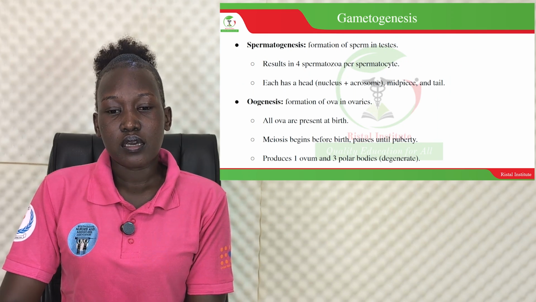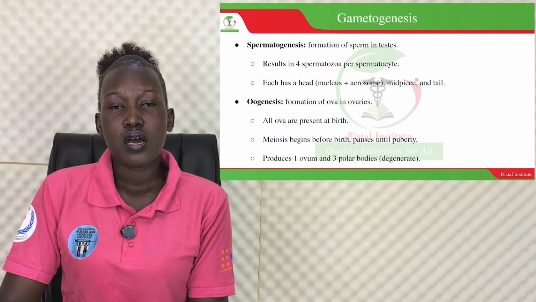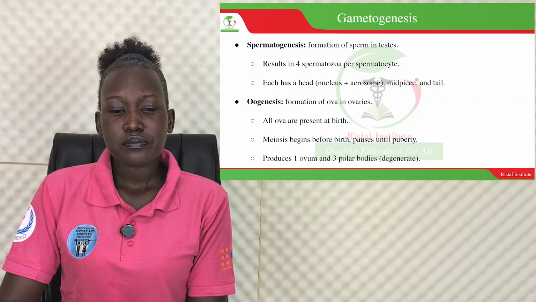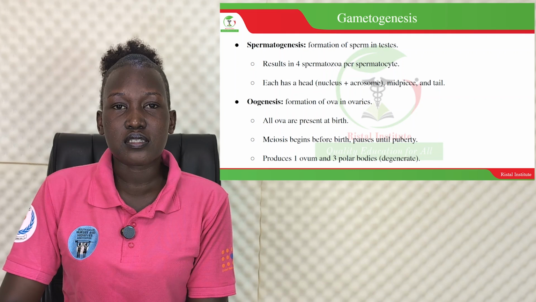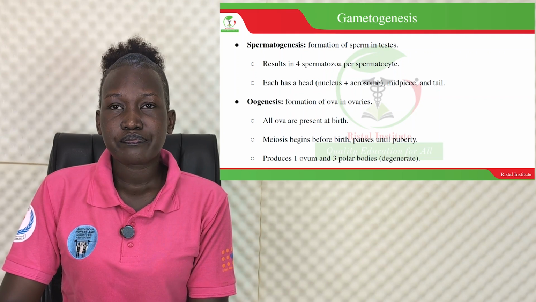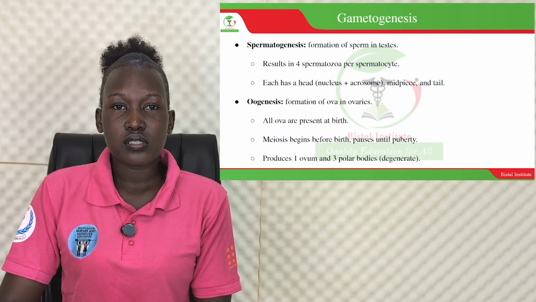So let's look at gametogenesis. When we hear about gametogenesis, it is a process through which cell division by meiosis and then mitosis helps in the formation of gametes, or these reproductive cells.